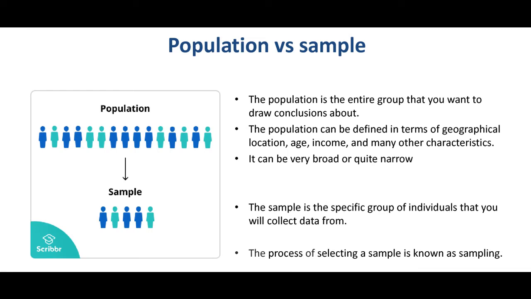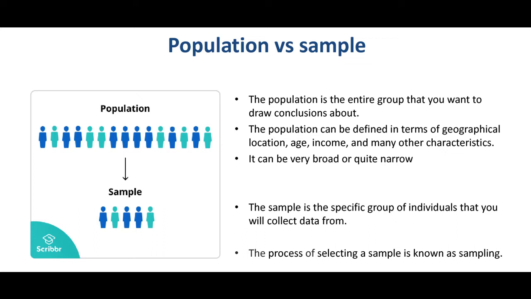But before we proceed to the specific types of sampling techniques, you need to understand first the difference between population and sample. The population is the entire group that you want to draw conclusions about, while the sample is the specific group of individuals from whom you will collect data. The population can be defined in terms of geographical location, age, income, and many other characteristics.